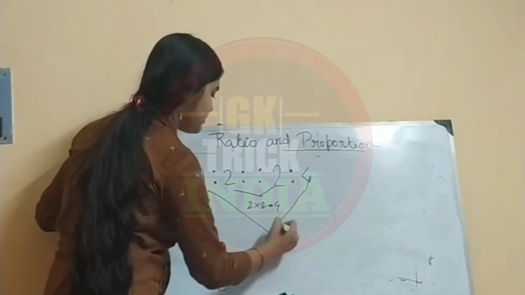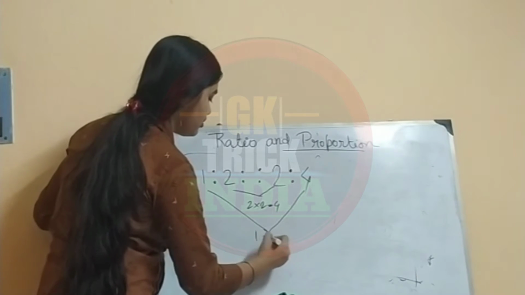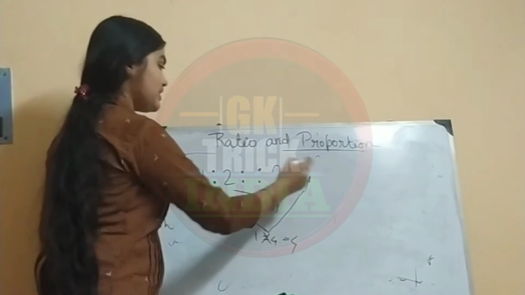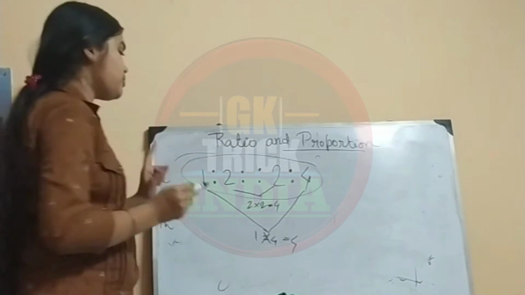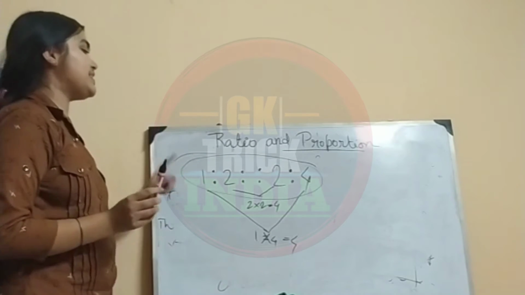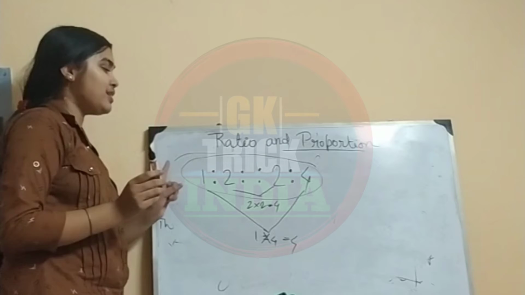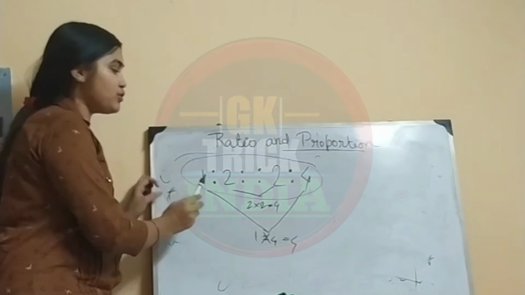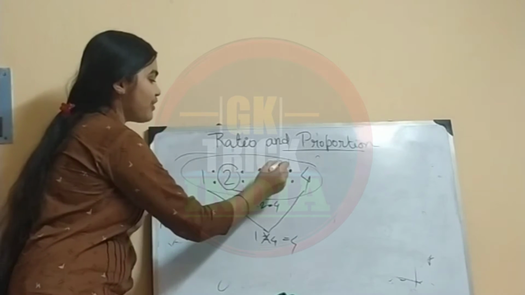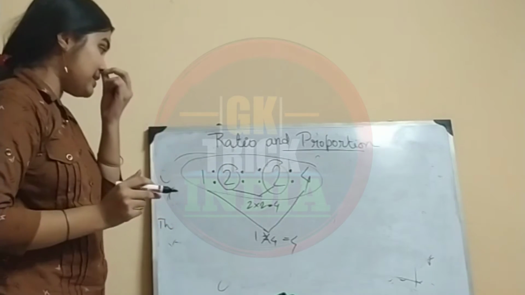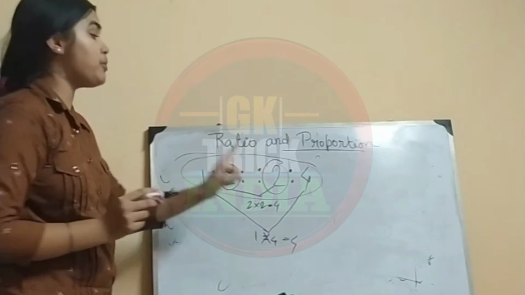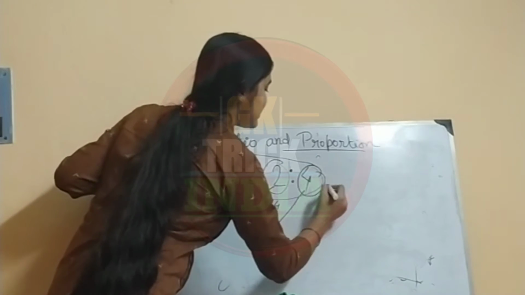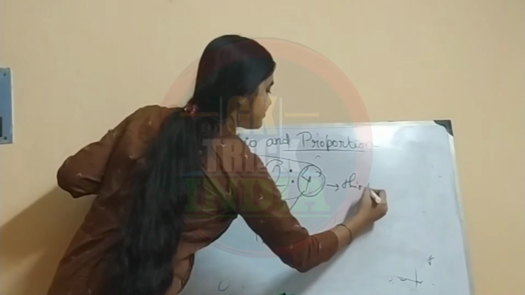Product of the extremes, 1 into 4 equals 4. So this is a proportion. In this proportion, tell me, is it the third proportion or fourth proportion? Look guys, it is a third proportion because here is also 2 and here is also 2. So which one is the third proportion? Here 4 is the third proportion.